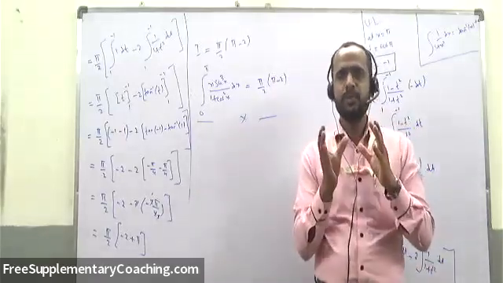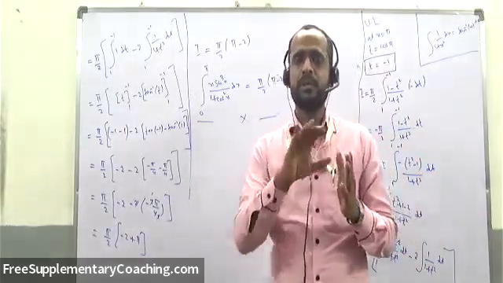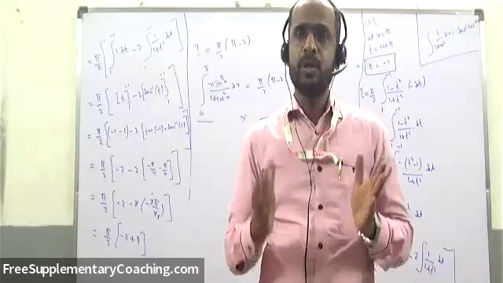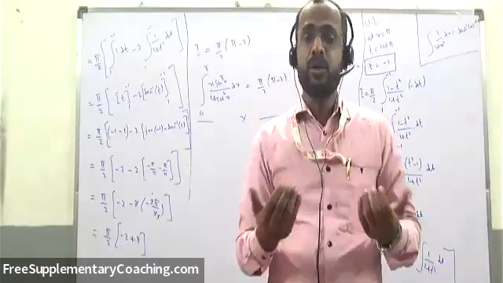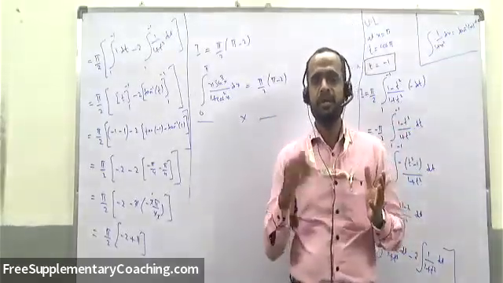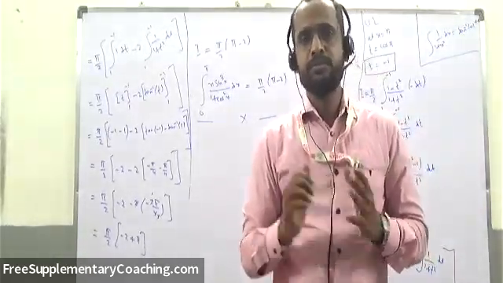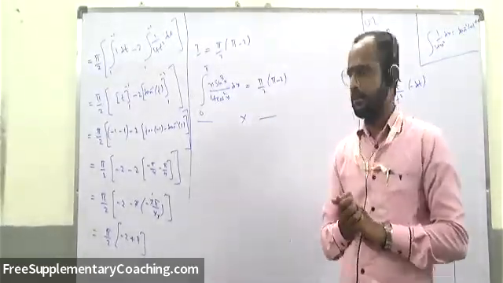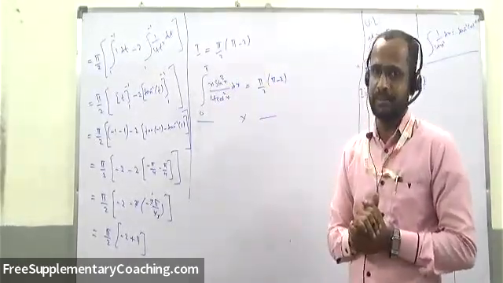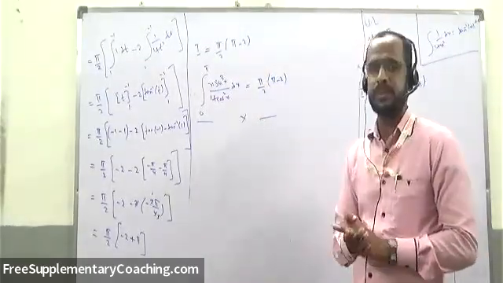So observe each and every step: how we are converting that particular function, how we are splitting the terms, when to take common, when to change the denominator. All these things you will come to know only by practice. So understand all these terms, particularly the conversions, and when to take the minus common. Observe each and every term and practice it.